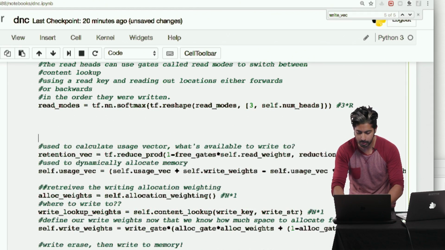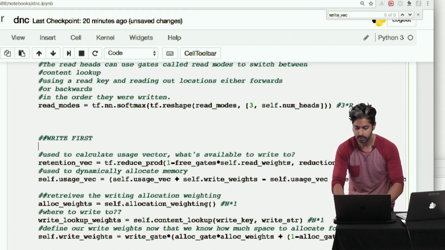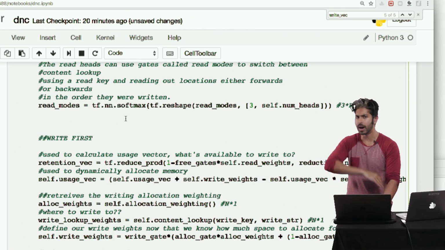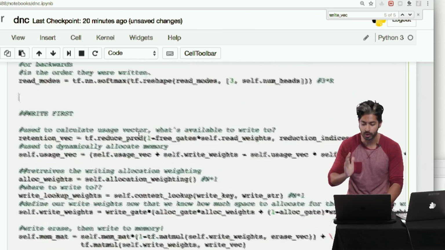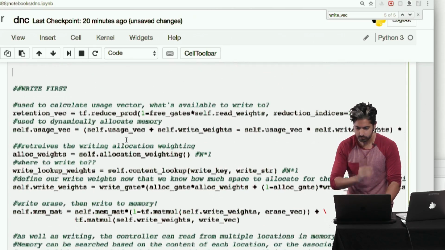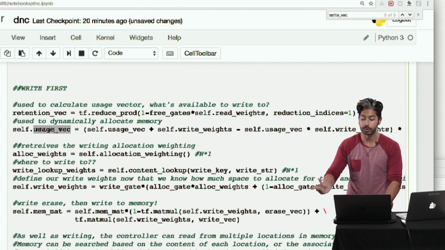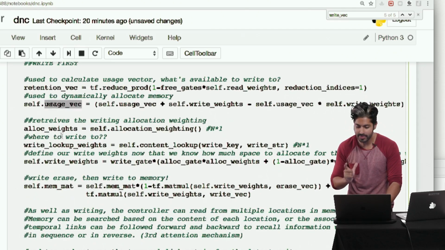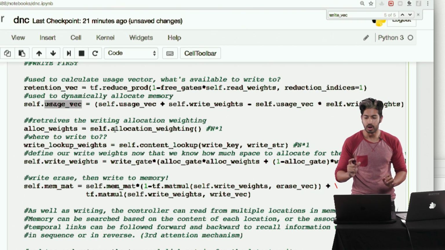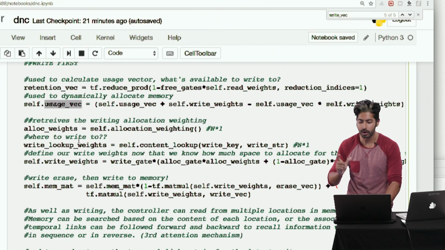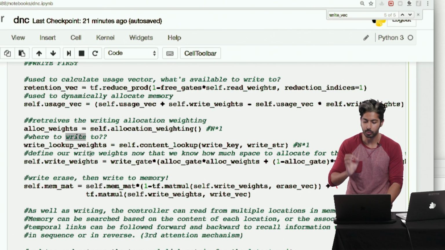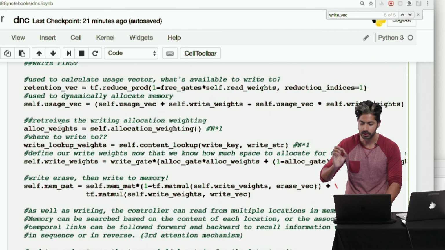Okay, so now let me write that out. We're going to write first. We define all of our variables, and now it's time to actually do the writing. For the writing, we'll compute our usage vector, which we'll use to dynamically allocate memory. And then we're going to define our set of write weights for the write head. So we'll retrieve the writing allocation weighting, and then we decided where to write to, and then we can define our write weights using both of those variables, both the allocate weights and the allocate gate.